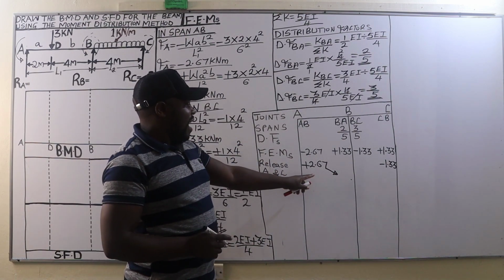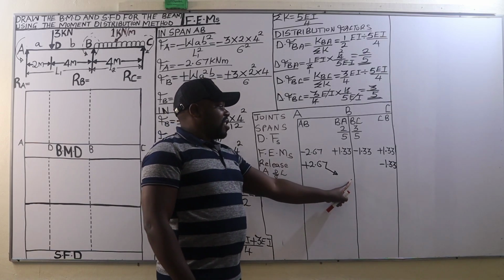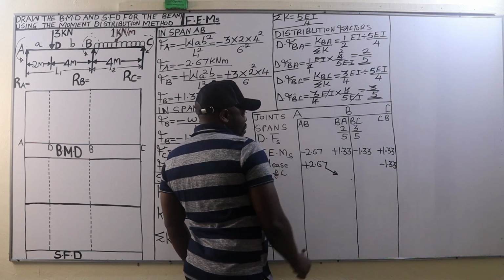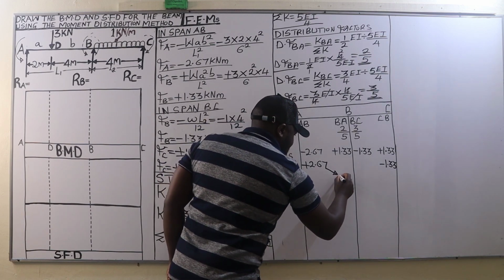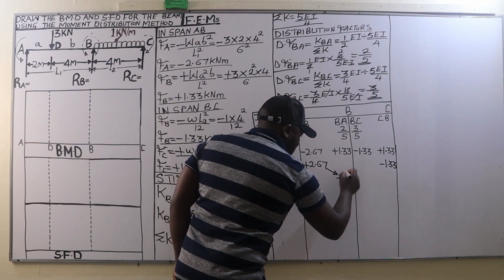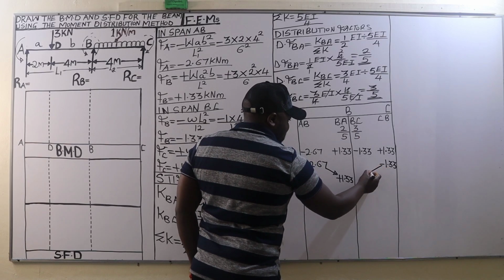So we are going to carry half of this moment to the joint B, and half of 2.67 is 1.33. So we are going to have positive 1.33.